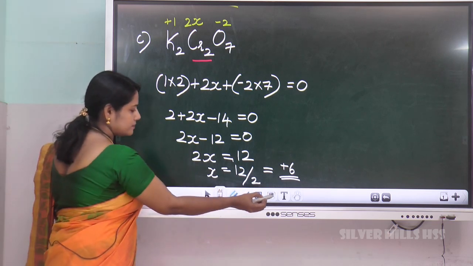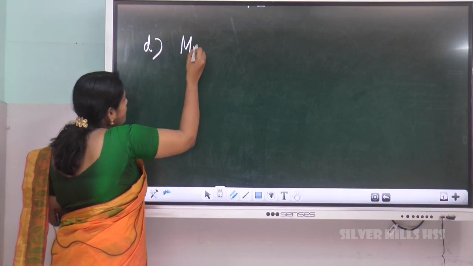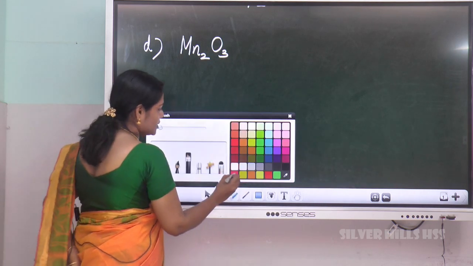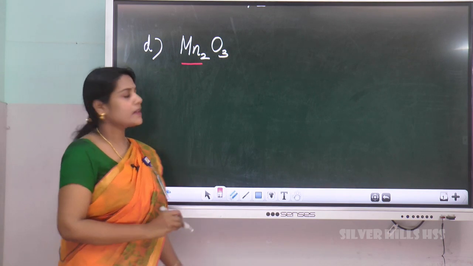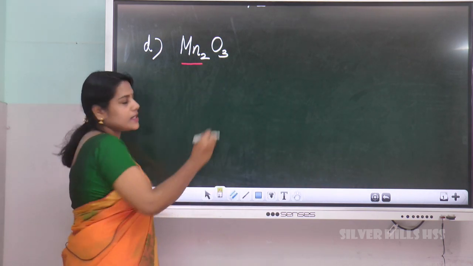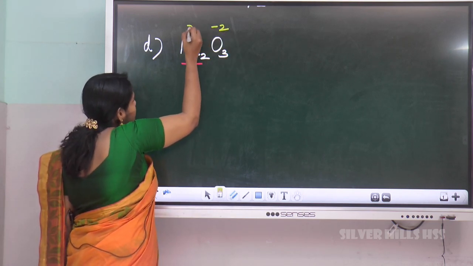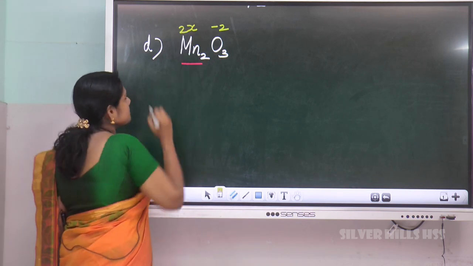Next one, that's the last one, that is Mn2O3, and you are asked to calculate the oxidation number for manganese. We know the oxidation number for oxygen, that is -2, and manganese we don't know, we will write it as X. Since we have 2 manganese atoms, we will write 2X.